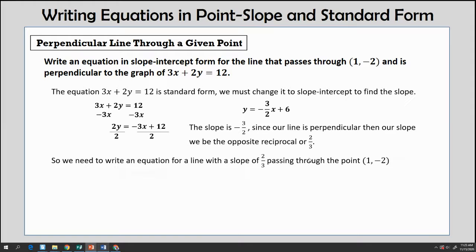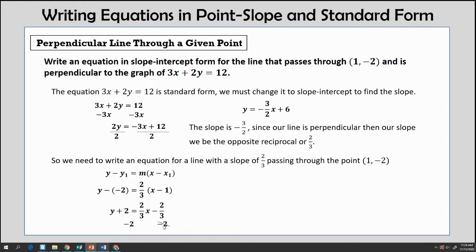So again, my idea, let's start with point slope. Plug in 2/3 for m, 1 for x sub 1, negative 2 for y sub 1, and then solve this for y. So minus negative 2 is plus. Distribute 2/3 through the parentheses. I'm going to subtract 2. Now, it's negative 2/3 minus 2.